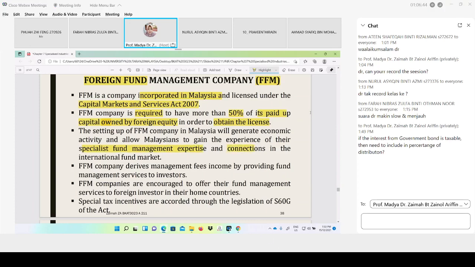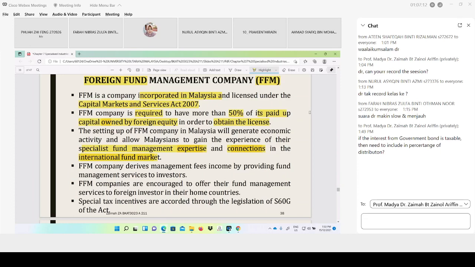So this is a benefit to us in Malaysia, where they want to justify why they give this FFM special treatment of tax. Okay, why? Because we want to get their experience, we want to get their expertise, how to manage the fund, and we want to have the connection with the international fund market.